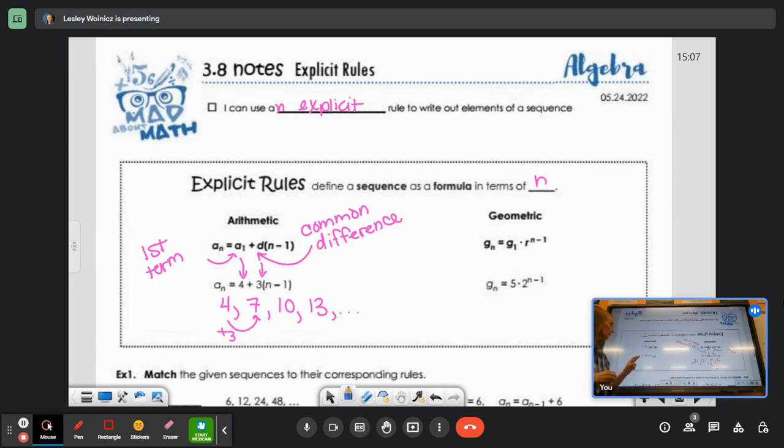For geometric, we still have G sub 1, which is our first term. And we still have R. What is R? Common ratio. Yes, it is our common ratio. That is what we multiply by every time.